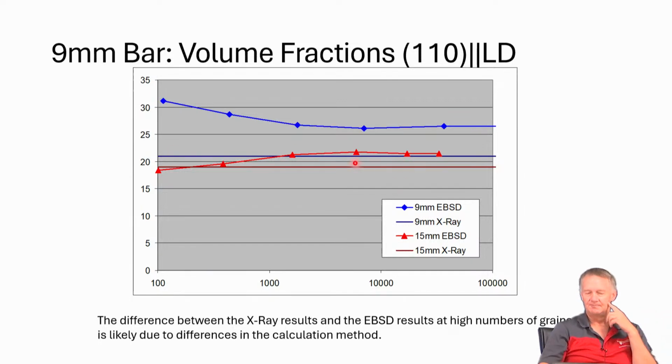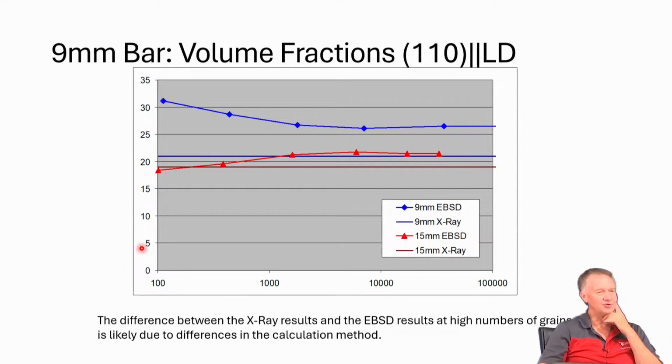So we have the value that we get for X-rays for the 9 millimeter sample, and then the value we get for the different number of grains with EBSD. And then the same thing for the 15 millimeter one, which is down here, and then the EBSD data for that one.